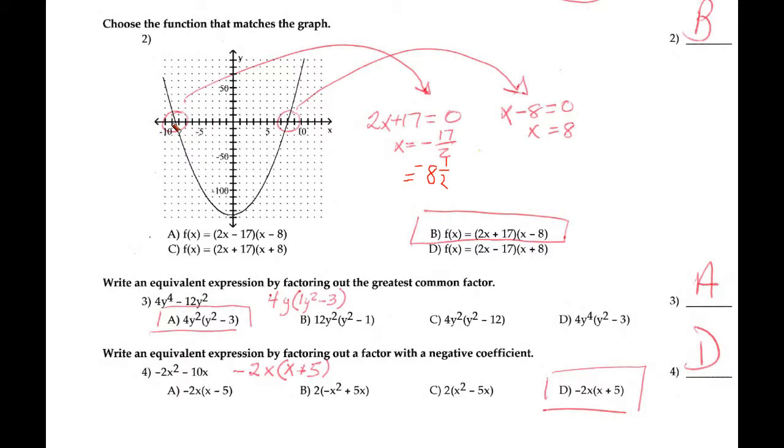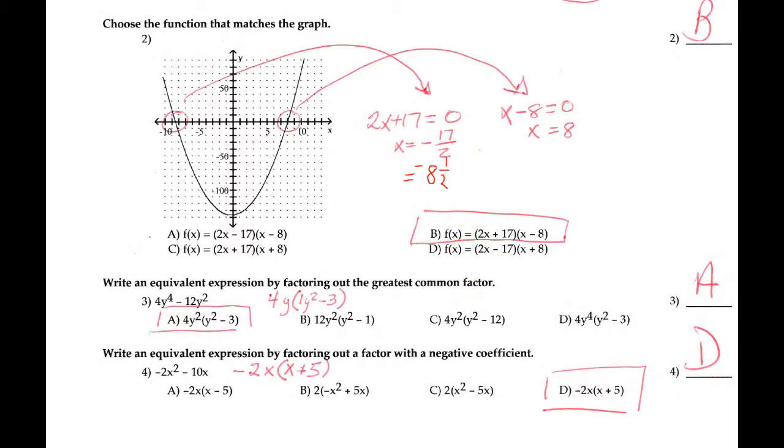There's 8, there's 9, a negative 8 1/2. This was a little tricky, but that's how we've done it. And again, if you were to FOIL this, you would get the equation of that parabola.